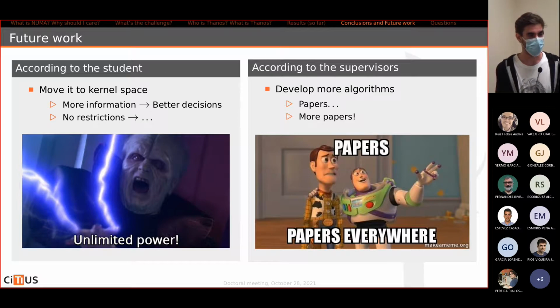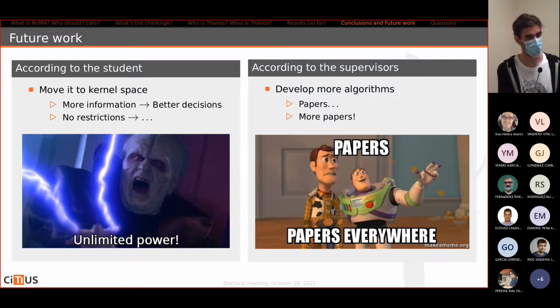And our future work, we have some disagreements here, my advisors and me. According to me, we should move our algorithms to the kernel so we can have more information available that will lead us to better decisions in terms of which threads and which memory pages we should migrate and what the destinations are.